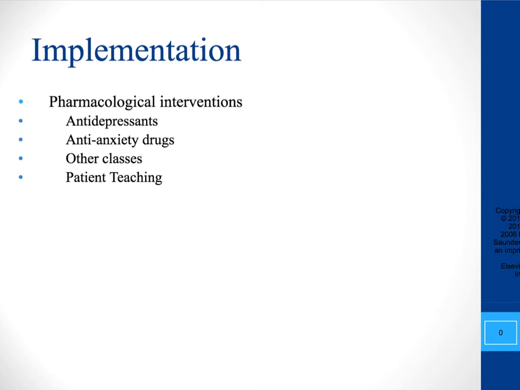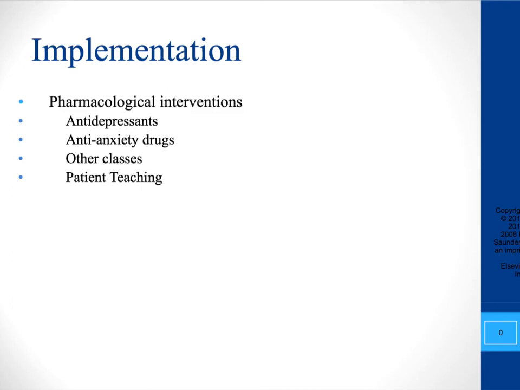If they give an MAOI, that's usually for someone who needs to be treated because they're resistant to the other medications and treatments. Your anti-anxiety drugs can be used to treat the somatic and psychological symptoms that come along with some of these disorders.